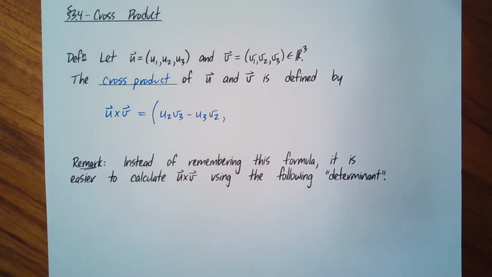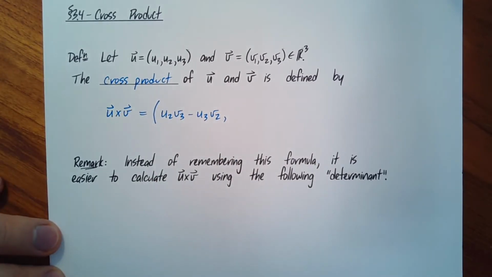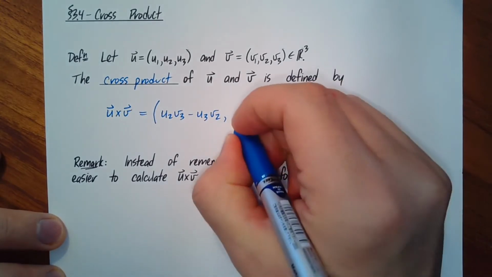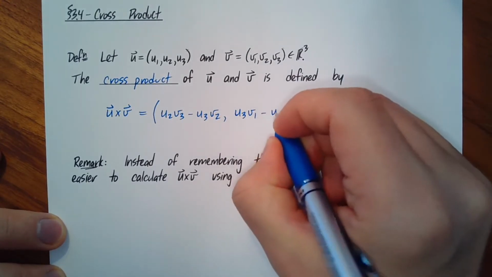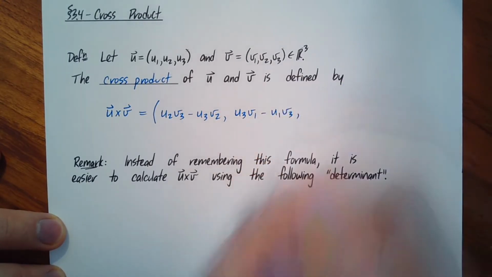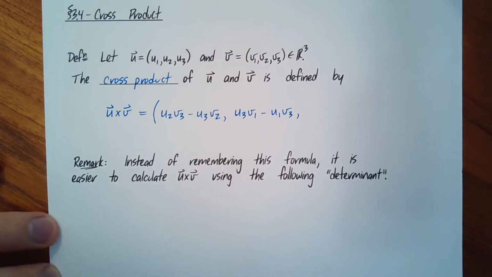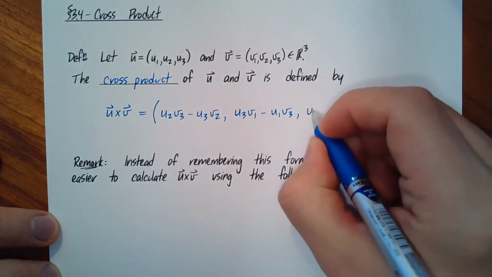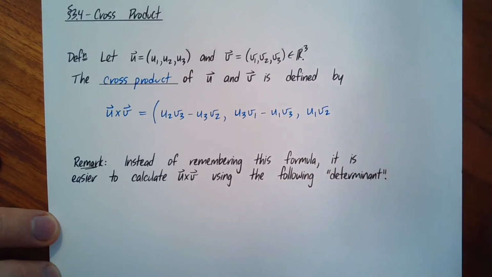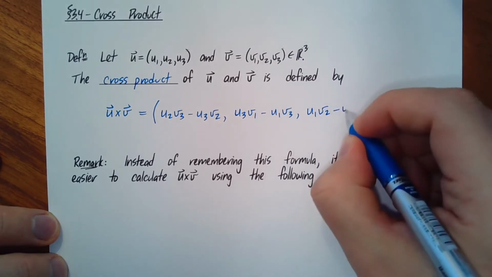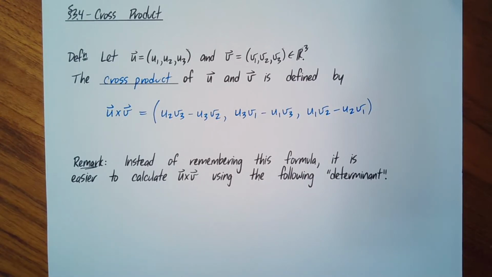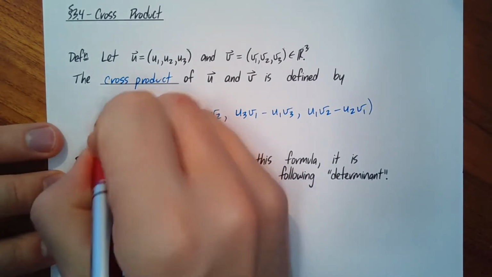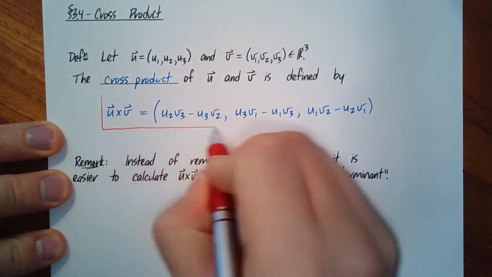And now for the second coordinate, we take u3 and v1, and then we subtract the product of u1 and v3. And then finally, the third coordinate, we take u1 and v2, and then we subtract u2 and v1.